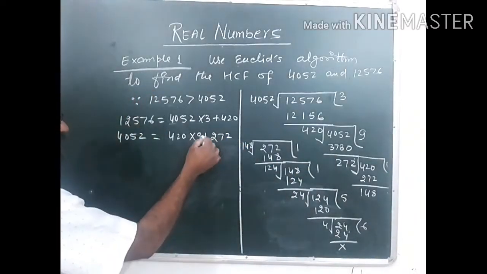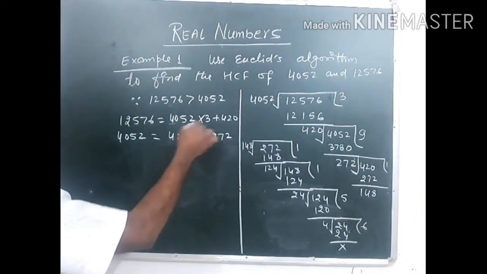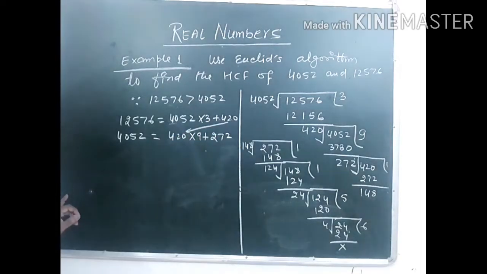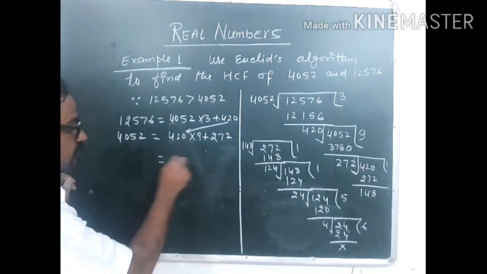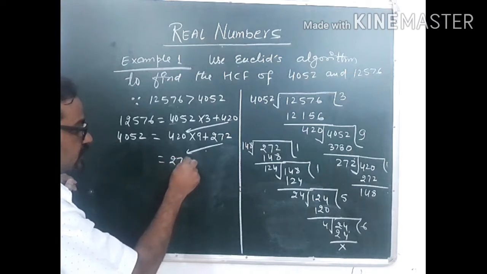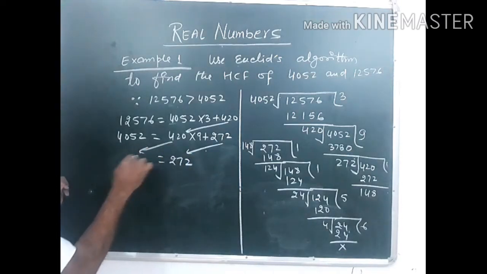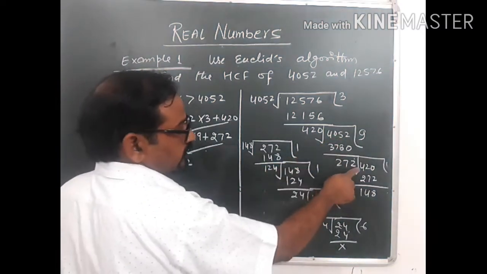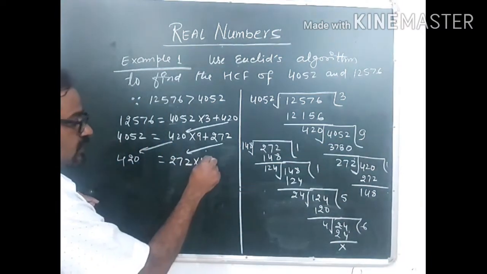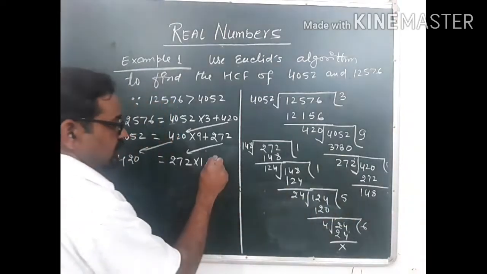In the next step, 272 is the divisor and 420 is the dividend. 420 divided by 272, that is 1, and the remainder is 148.